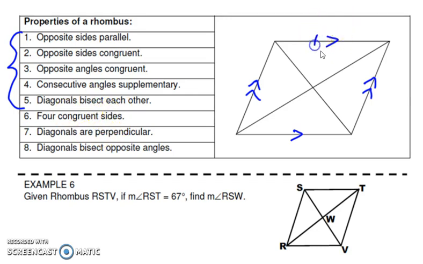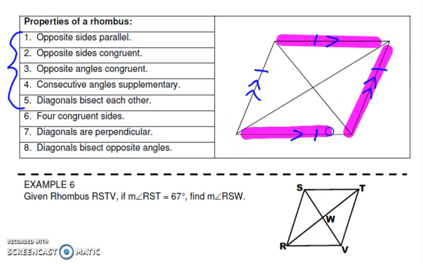So these sides across from each other are the same, but they're also the same as the other 2 sides that are across from each other. So on the rhombus, we have 4 congruent sides. Some of us think of the rhombus as like a tilted square. It has 4 congruent sides, but it doesn't have right angles, so it's not upright. It's a little tilted.